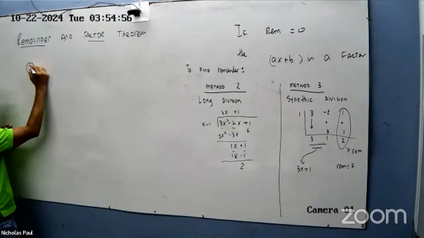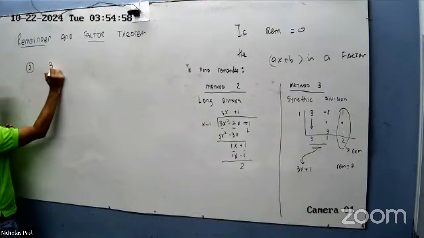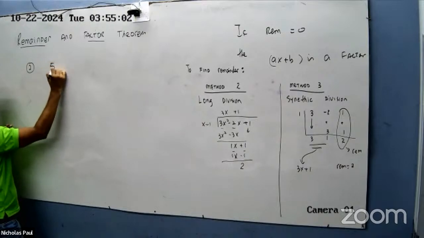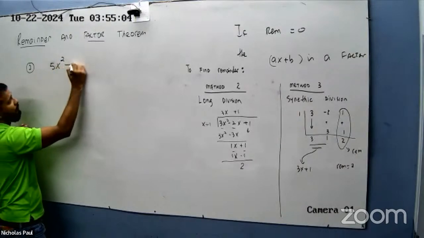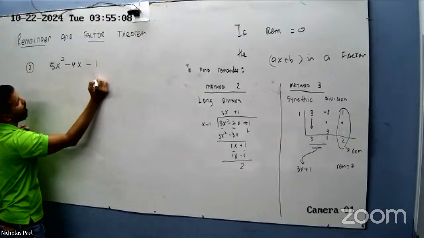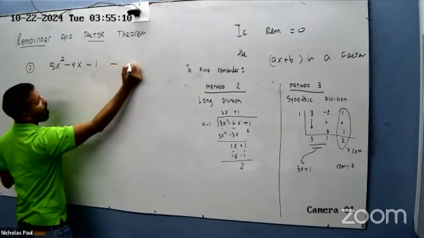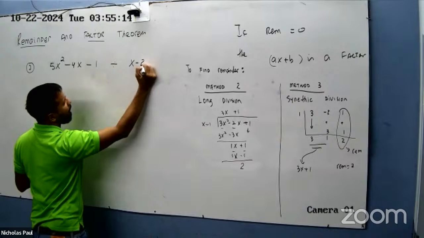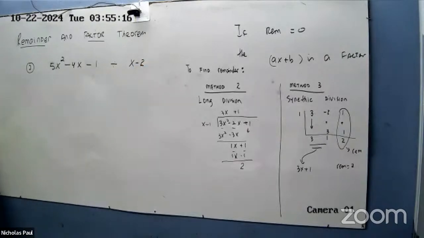Example 2. All 3 methods to find the remainder. Right?